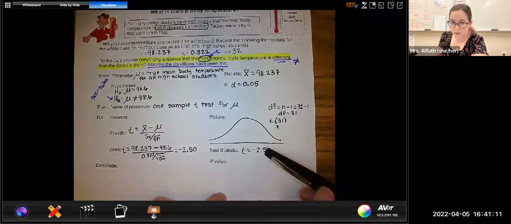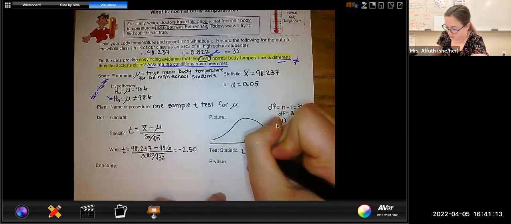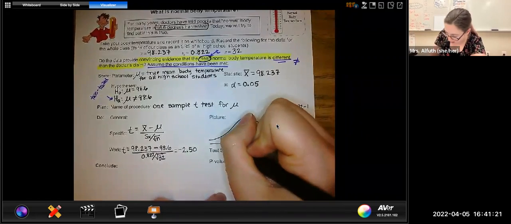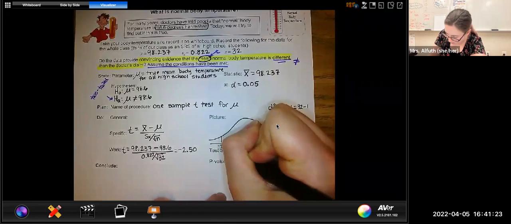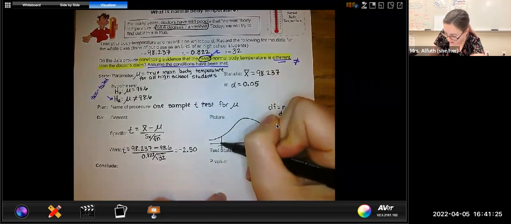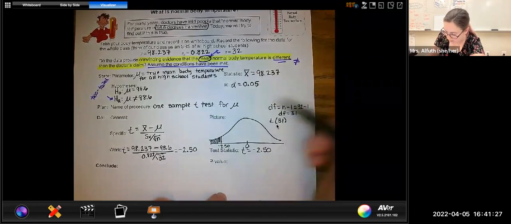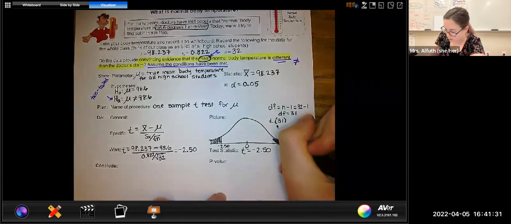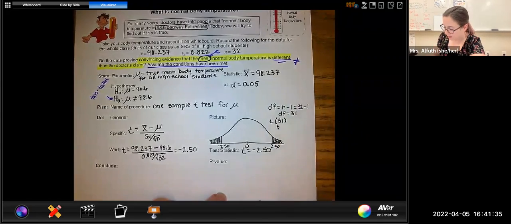Because we know this test statistic, we can put 0 in the middle, the standardized mean. We have the negative 2.50 on the left, and we're looking for outside of that, but this was a two-tailed test because it was just not equal to, so we'll put the positive 2.50 on the right. And now let's go find that p-value.